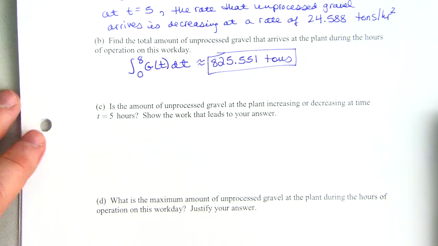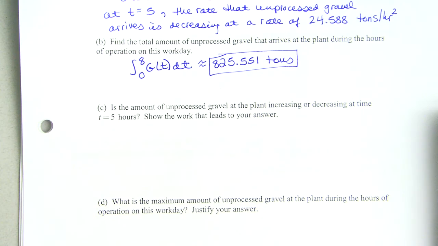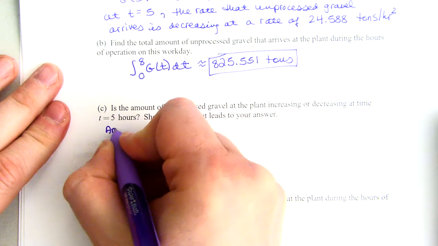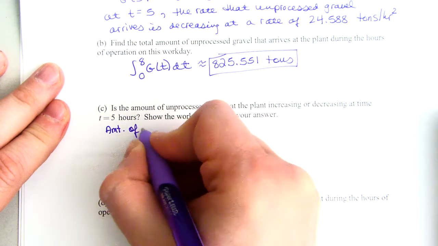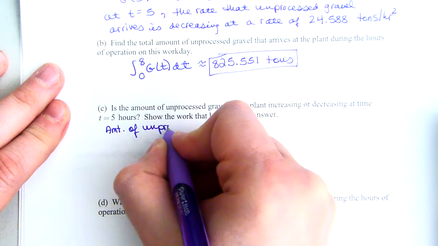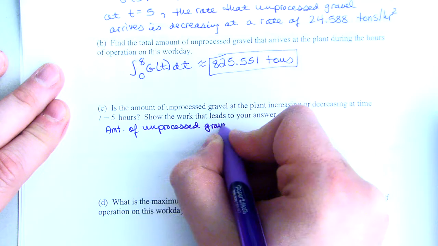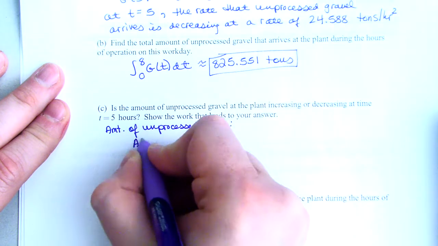Now it gets a little involved. Is the amount of unprocessed gravel at the plant increasing or decreasing at time 5? Show the work that leads to your answer. Before I do this, I'd like to create a function for the amount of unprocessed gravel. I'm going to call this A of t.